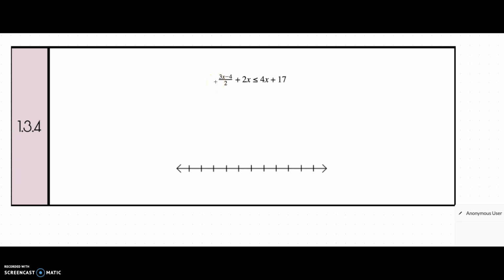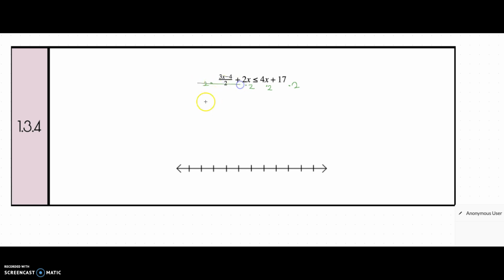Just be really careful whenever you divide or multiply because you need to do that to every single thing in the inequality. So if I'm multiplying by 2, I want to multiply this first side by 2, this by 2, this by 2, and this by 2.